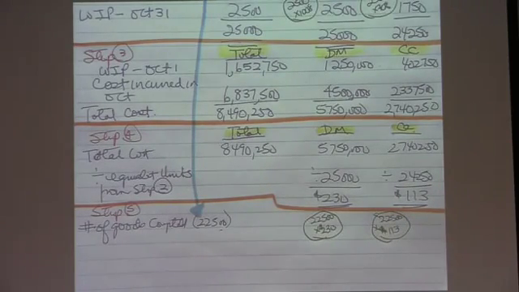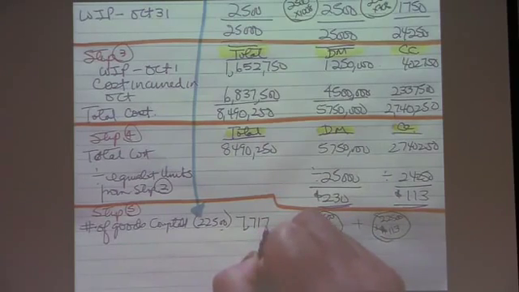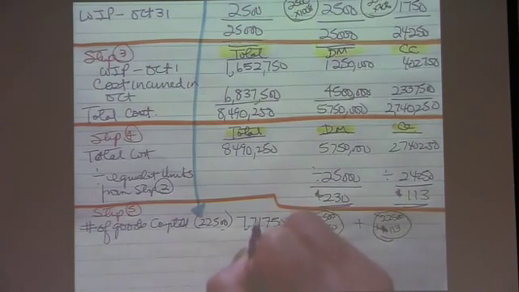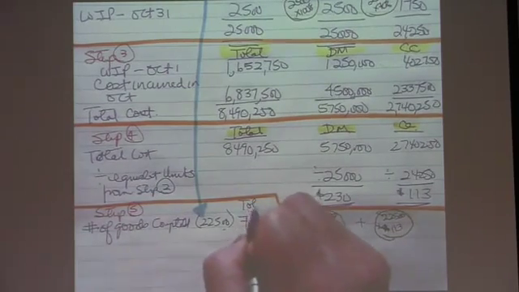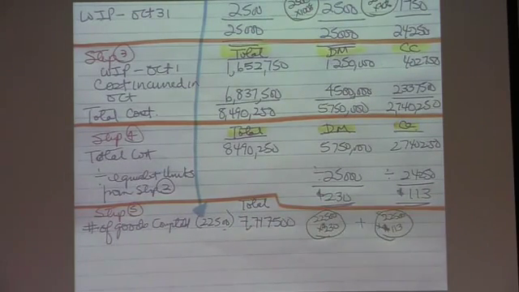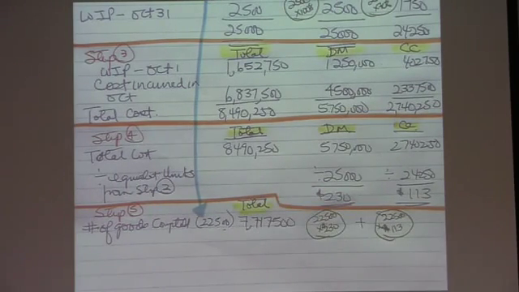If we add these two, we're going to get $7,717,500. So this is the total that we're going to transfer from the assembling department to the testing department.